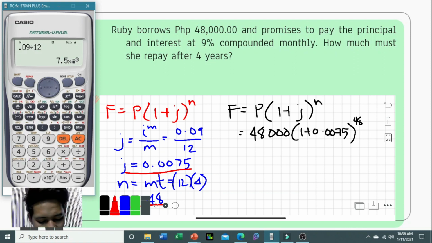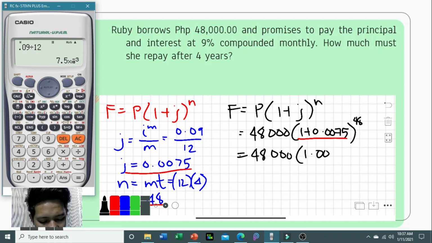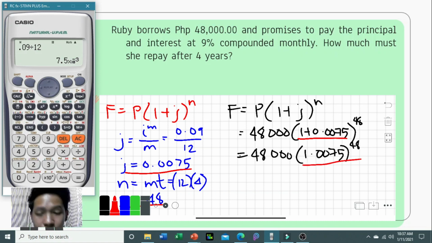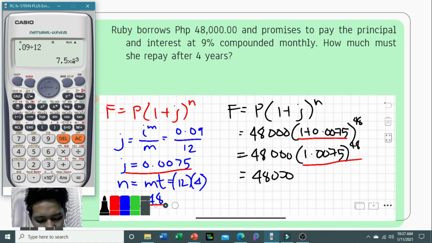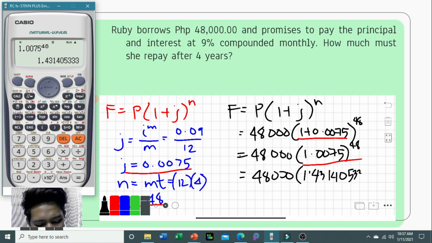So, simplify muna natin ito. We have 48,000 multiplied by 1.0075 raised to 48. And then we simplify yung may exponent. So, we have 48,000 multiplied by 1.0075 raised to 48, that would be 1.43140533.